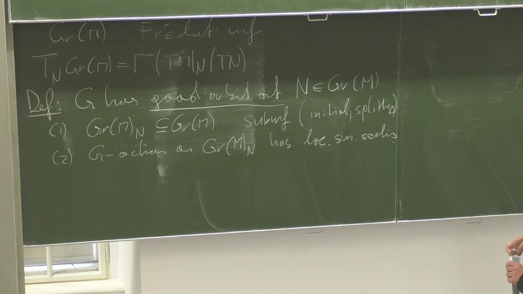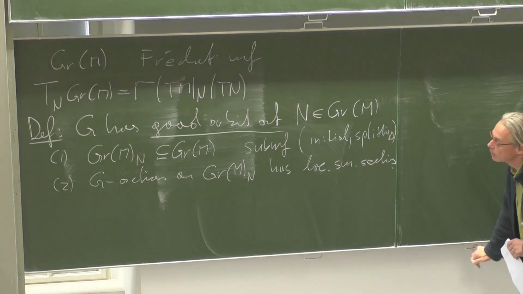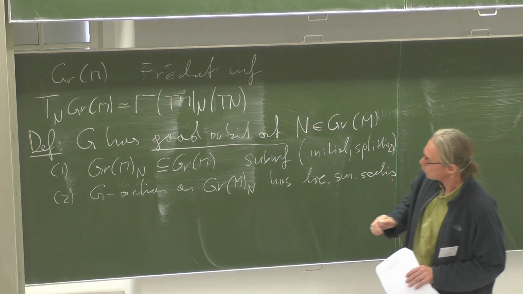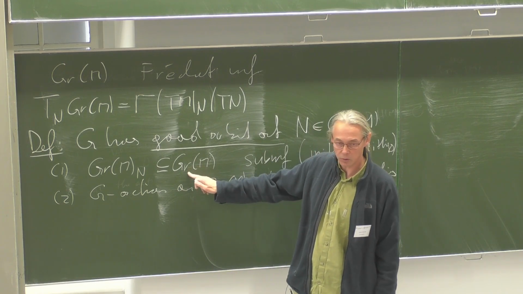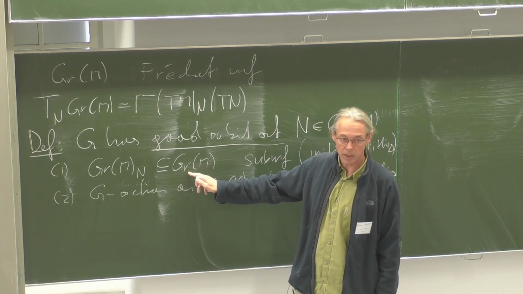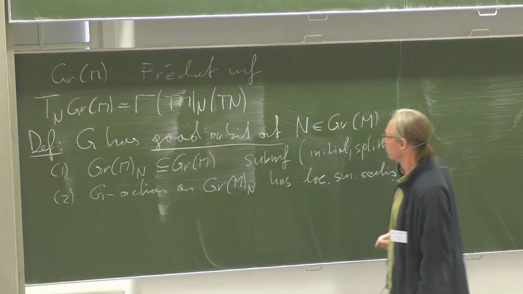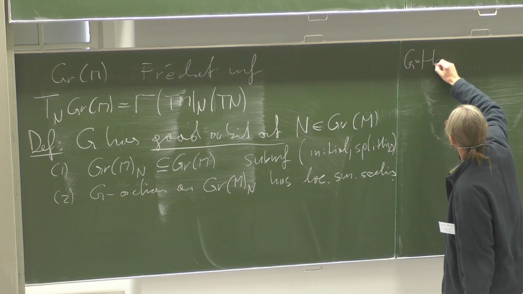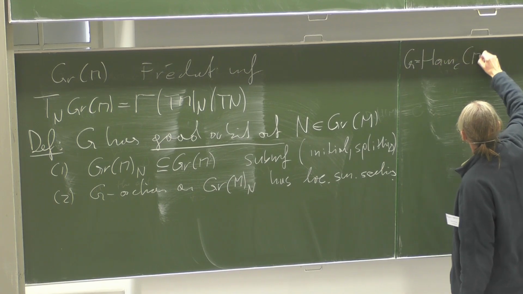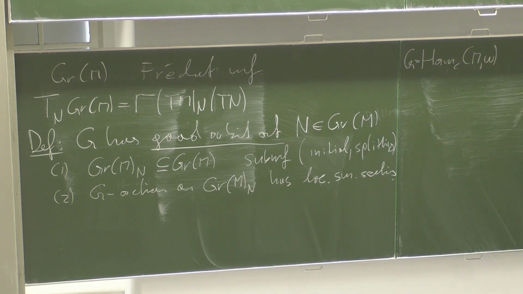Let me give you two examples. Two examples that will show that the orbits in this nonlinear Grassmannian of the Hamiltonian group and the volume preserving group can be interesting and complicated. The first example concerns the Hamiltonian group. Symplectic structures, we assume M is now symplectic, and we look at the Hamiltonian group.